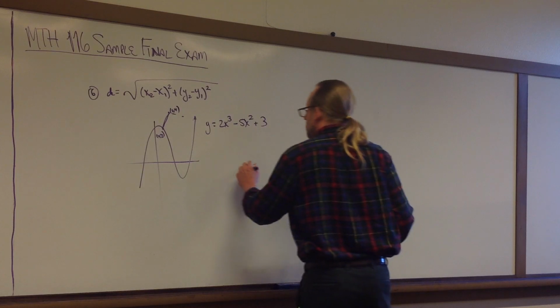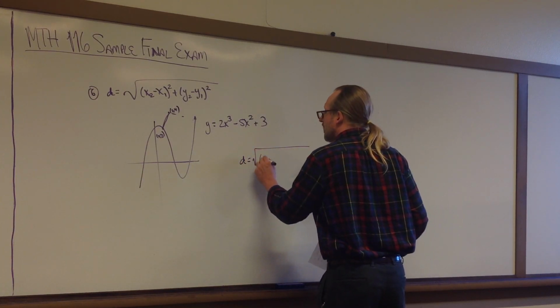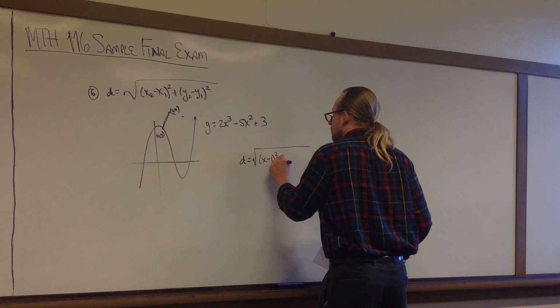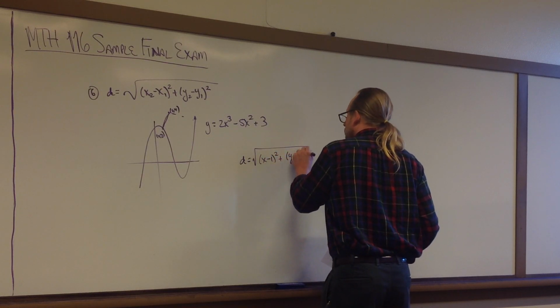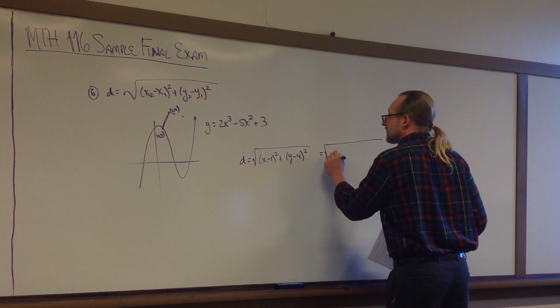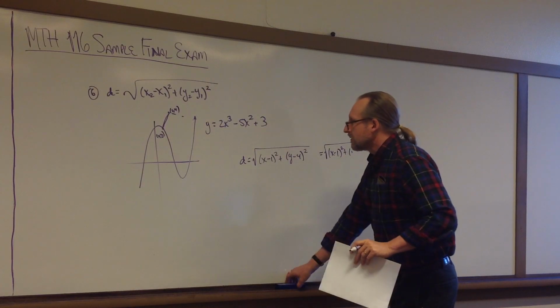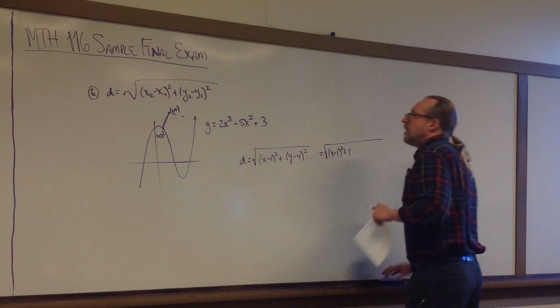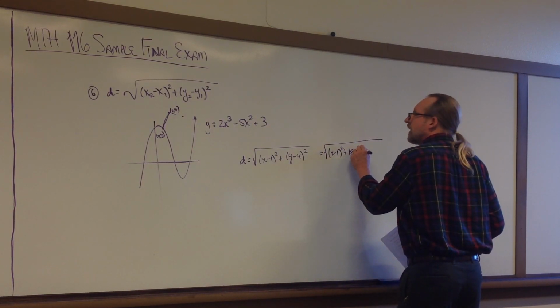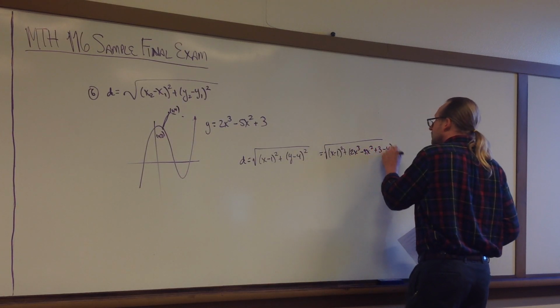So our distance here is going to be the square root of x minus 1 all squared plus y minus 4 all squared. And then we can graph this and also express it as a function of x. We're going to replace that y with 2x cubed minus 5x squared plus 3 minus 4.